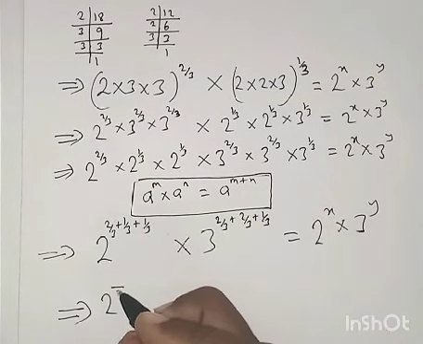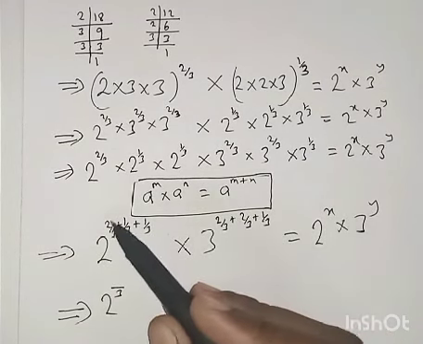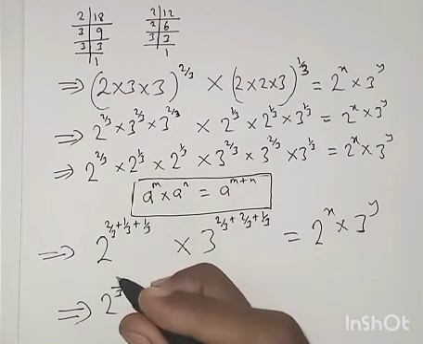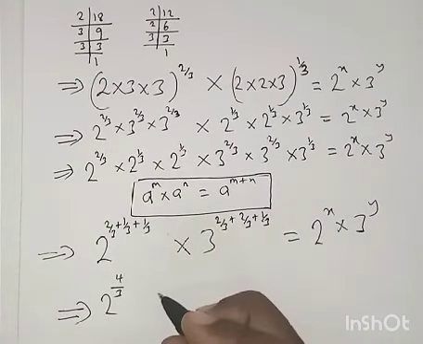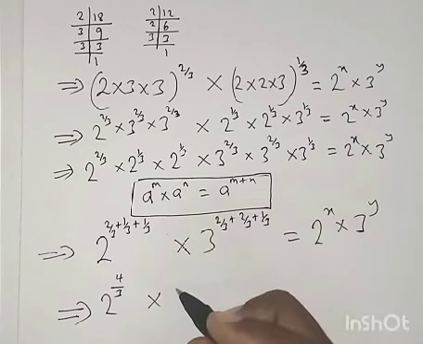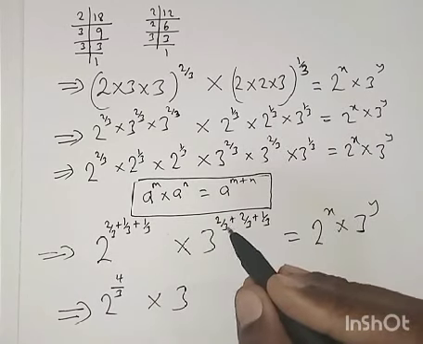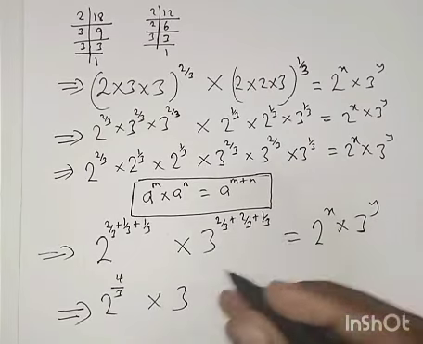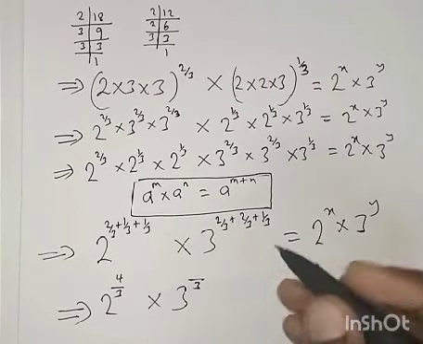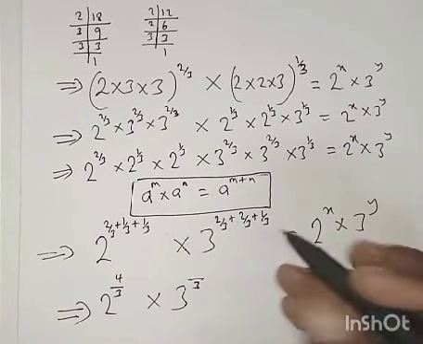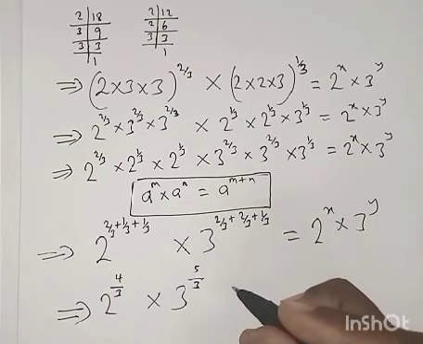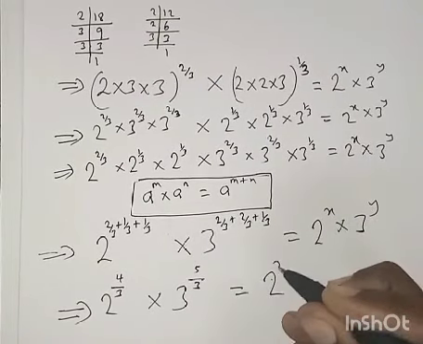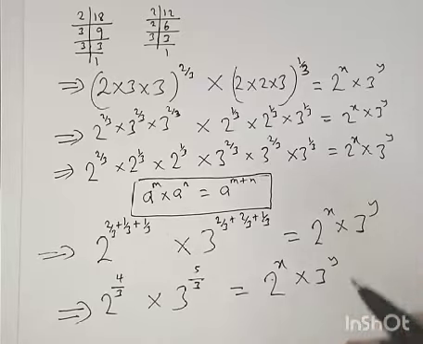So you take one, then you add the numerators, 2 plus 1 plus 1 will give you 4. Then times the same thing here, the denominators are the same, 3, 3, 3. You take one. Then you add the numerators, 2 plus 2 plus 1, of course, will give you 5. This is the same thing as 2 power x times 3 power y.